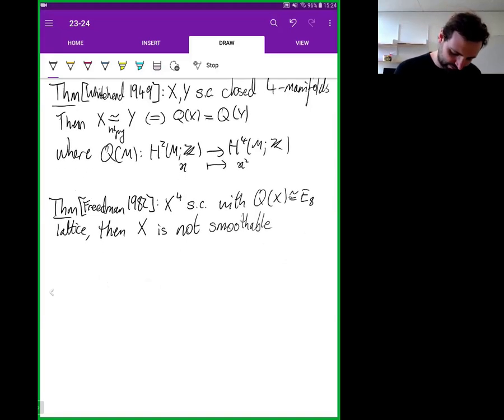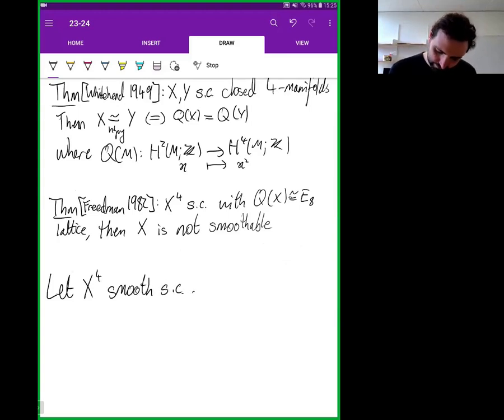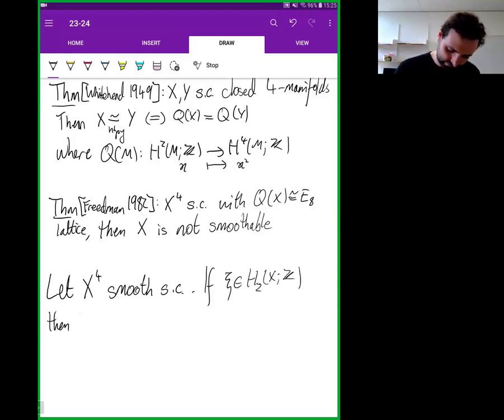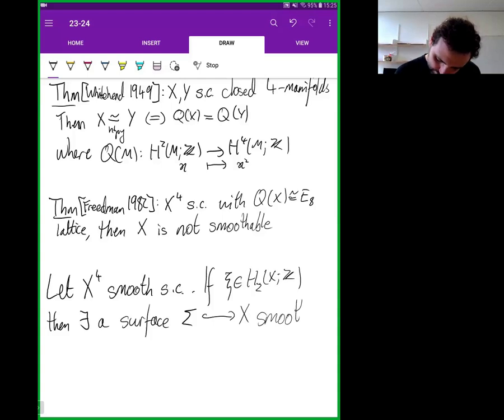So something that's quite remarkable about dimension 4 is that if you have some X^4 that is smooth and simply connected, and you have some second homology class, then there exists a surface sigma, which is smoothly embedded, such that it represents this class.